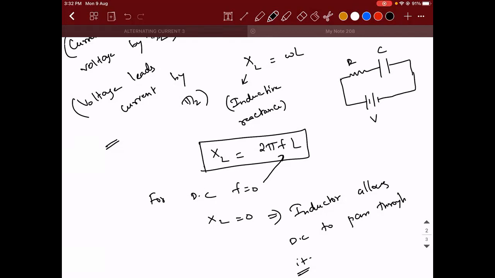The main job of a capacitor is to store charge in the form of electric field, right? So when this voltage is applied across this kind of a circuit, once the capacitor is fully charged, it will become an open circuit. It will start offering infinite resistance to further flow of current, as a result of which the circuit is very much similar to this kind of a format.